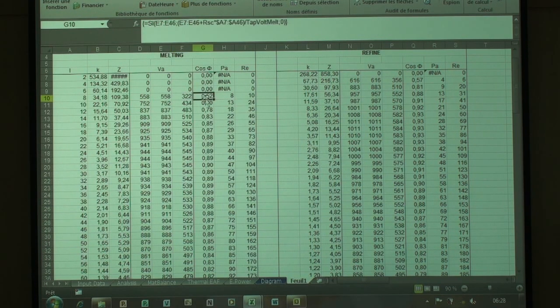Then the power factor. So this is this phase voltage plus the resistance and current divided by the tap voltage.